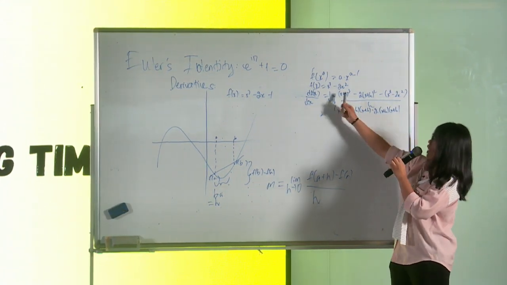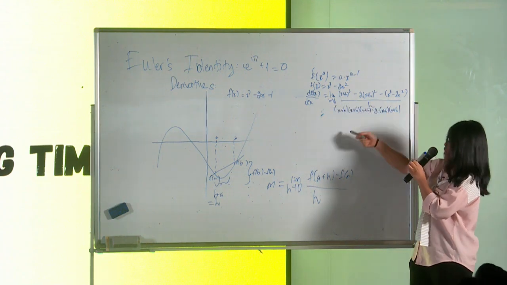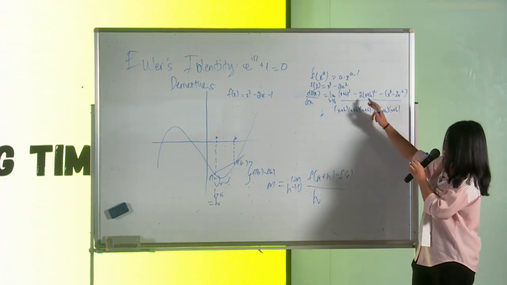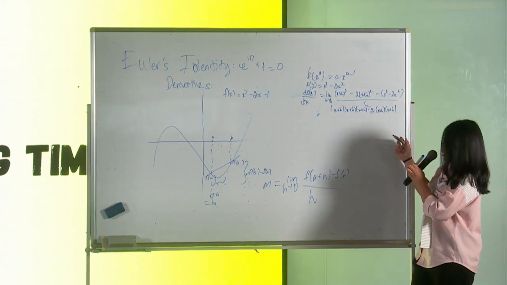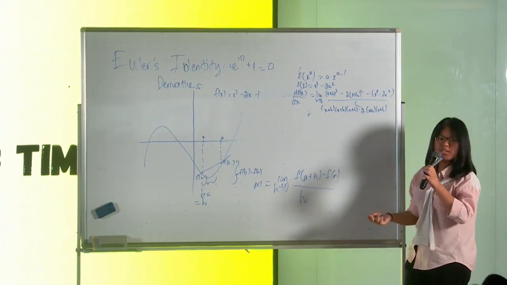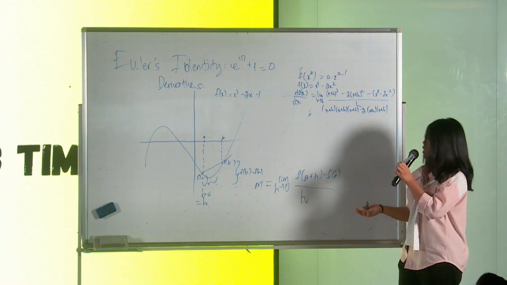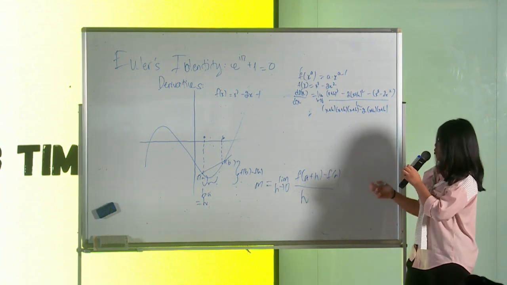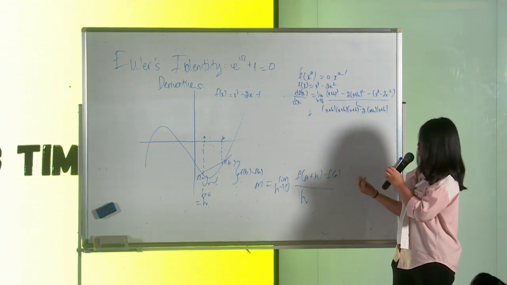Here we can see that x cubed and minus x cubed cancel each other out, and minus 2x squared and 2x squared also cancel each other out. So now we are only left with terms that have h in them. Now we will find the terms that remain after we divide all the terms by h.